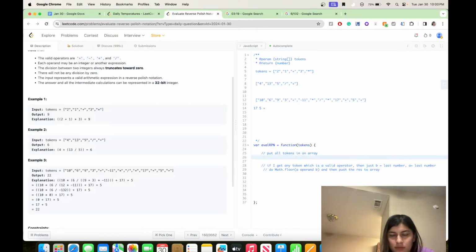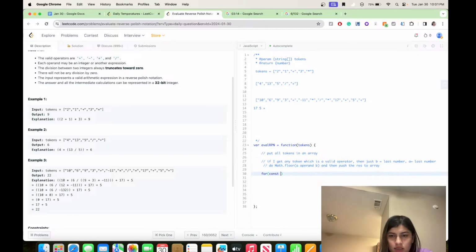So let's keep on. For const token of tokens, I do not have time to think about edge cases.